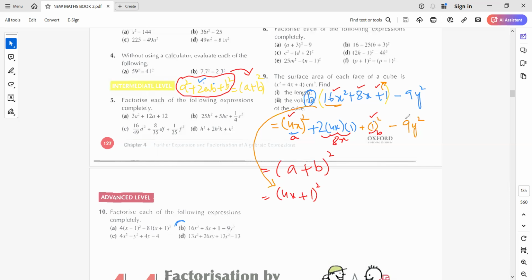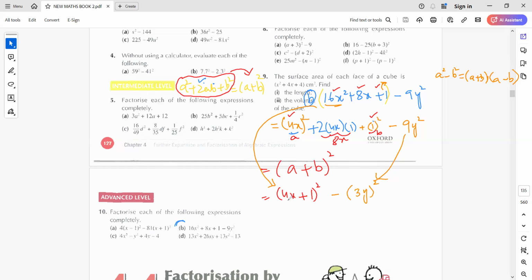Now, since these three terms have been written in the form of a plus b whole squared, the pattern suggests that there is a negative sign in between, and I can write the next term as negative 3y whole squared. 9y squared has been written as the square of 3y. So now I've got a squared minus b squared format, which can be factorized to a plus b times a minus b.